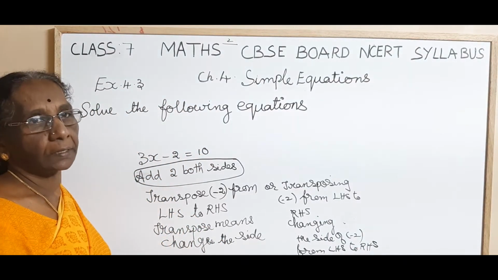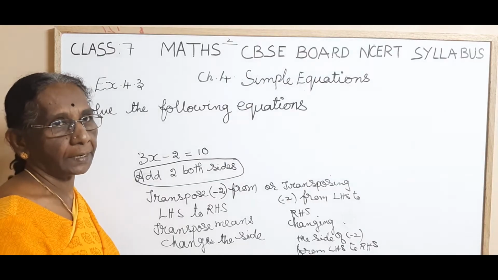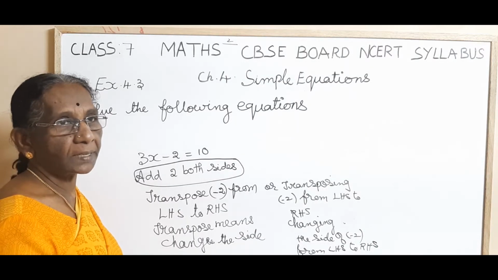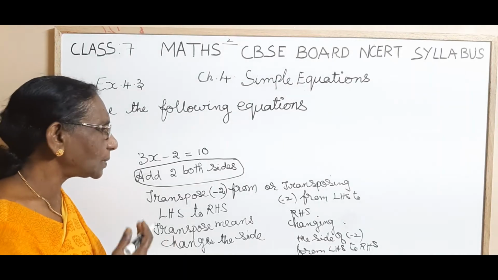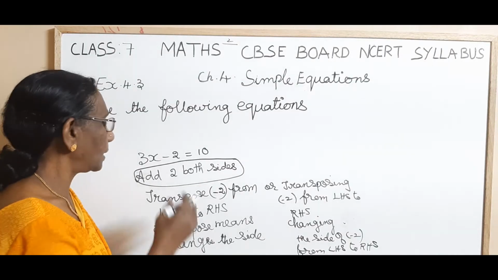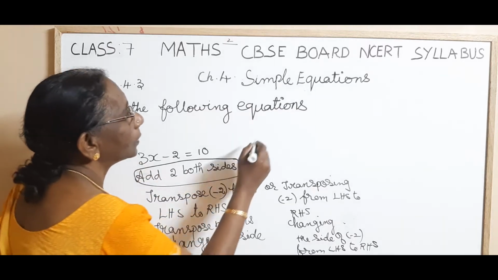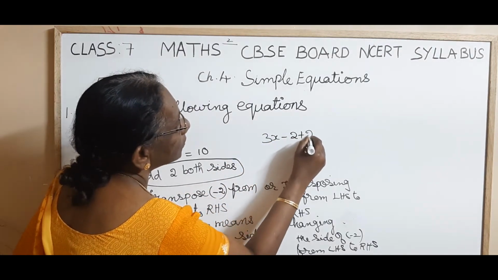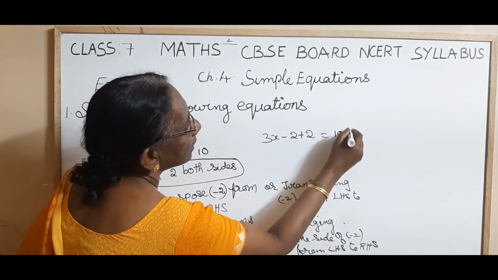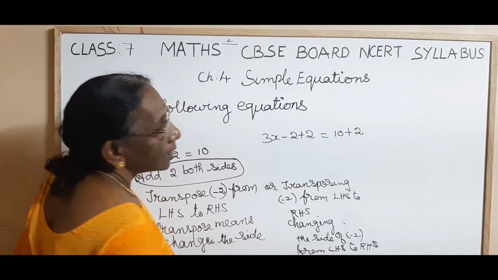Now, when we transpose, or when we change the side of a constant term from one side to the other side, what will happen? The same thing we are going to do. That means when we are adding, what will you do? 3x minus 2 plus 2 is equal to 10 plus 2. Isn't it, children?